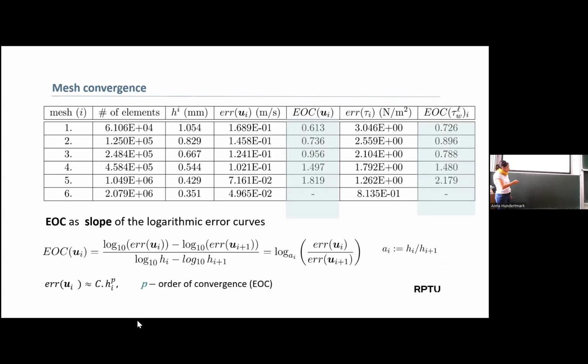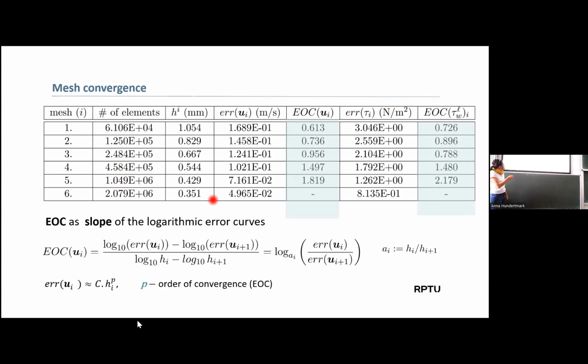Now you see we have six meshes, and the 8th mesh, with almost 9 million elements, was the reference solution. The number of elements goes from 70,000 to almost 2 million.